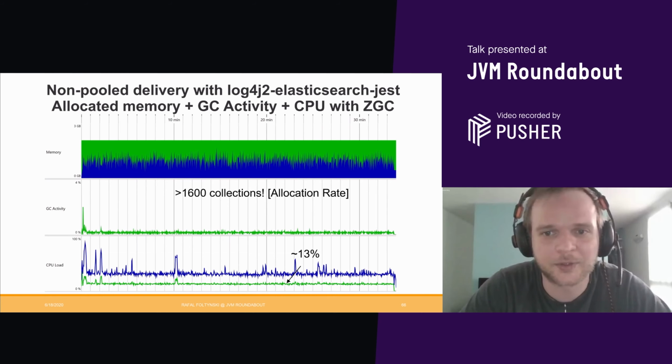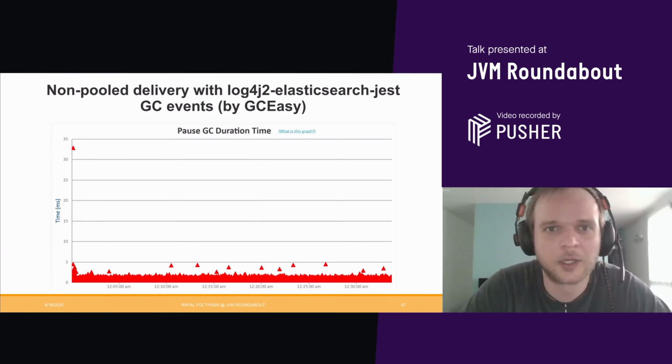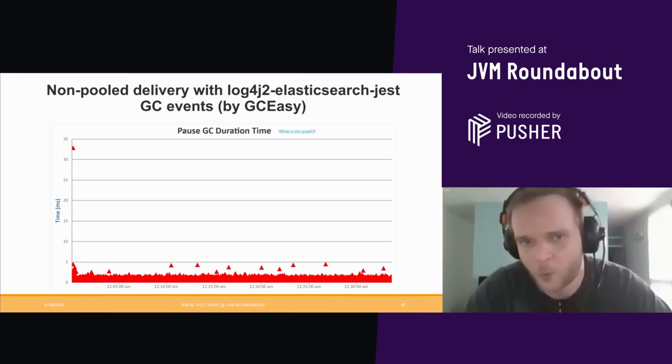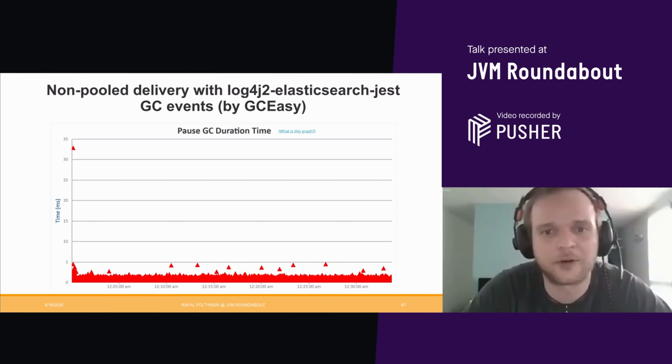Thanks to this approach. So let's have a look at how the GC events looked. I used GC Easy to analyze the GC logs and figure out what was going on inside. But the GC events graph was not helpful, since there were like 1,600 of them.